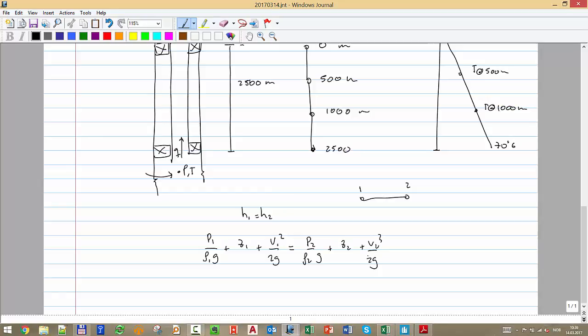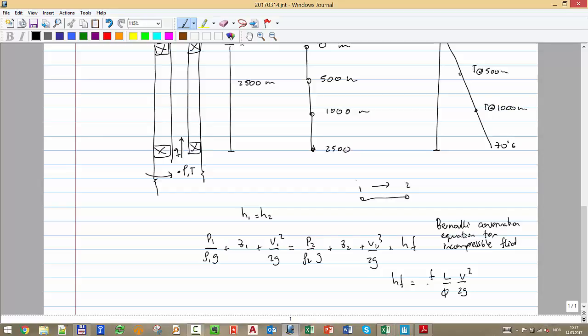But you have to add the losses, right? If I'm flowing from 1 to 2, I have some frictional losses, and the frictional losses are usually f, the friction factor, times L divided by the diameter, times v squared over 2g. You remember that equation from a long time ago? That's the Bernoulli conservation equation for incompressible fluid.